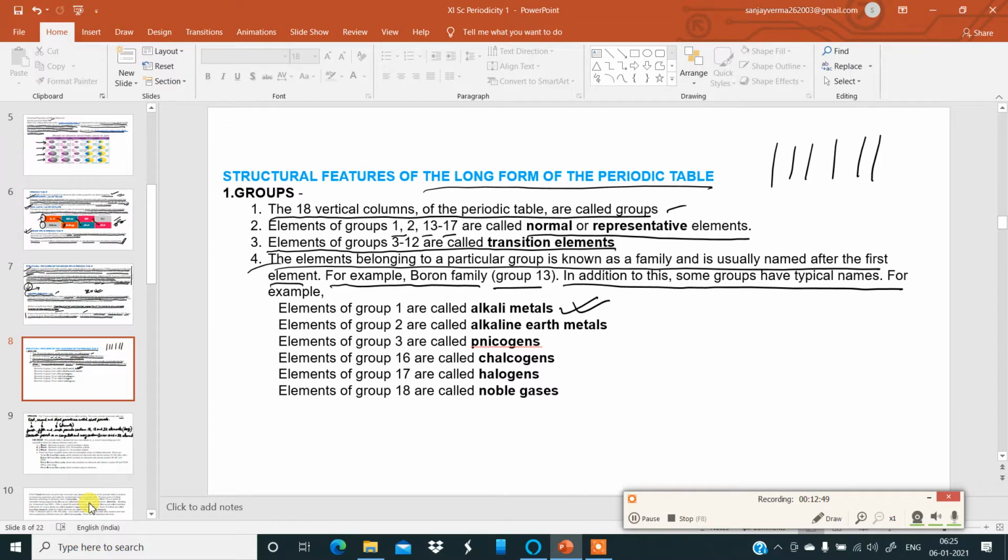Similarly, group 2 elements are called alkaline earth metals because they also react with water to produce basic solutions. Group 15 elements are called pnicogens, group 16 chalcogens, group 17 halogens, and group 18 noble gases. I suggest you all remember these nicknames of groups 1, 2, 15, 16, 17, 18 and so on.